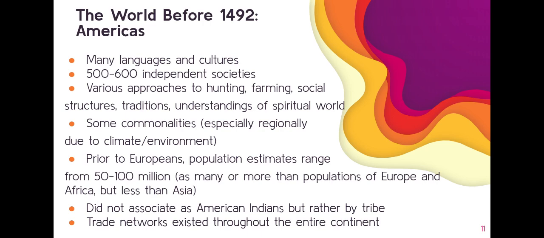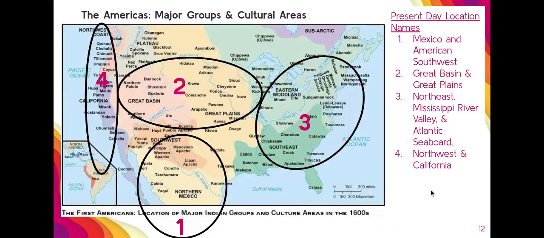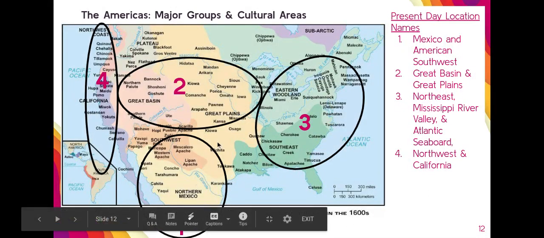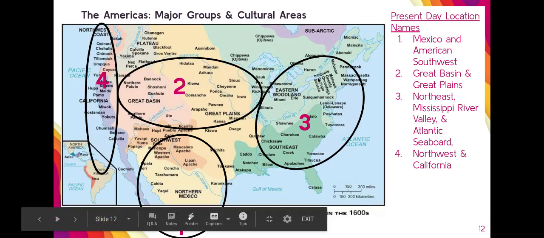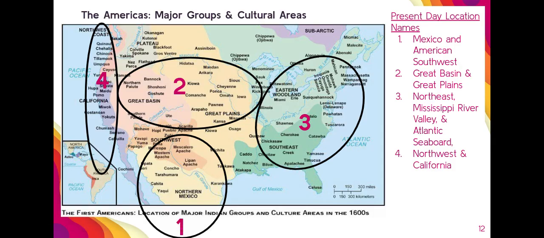So people living in the American Southwest and in the Mexico region are going to have more similarities than they would with the Eastern woodland cultures or the Southeast. And so when you're looking at American history, the curriculum is going to divide it into these 4 regions. And so the next lesson in this YouTube channel will actually cover some of those commonalities.